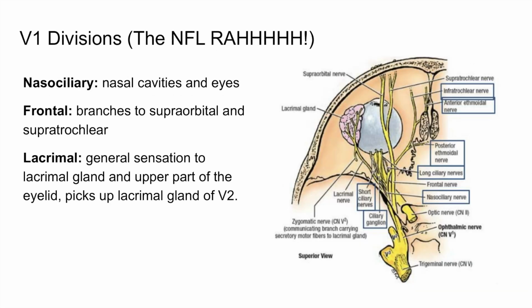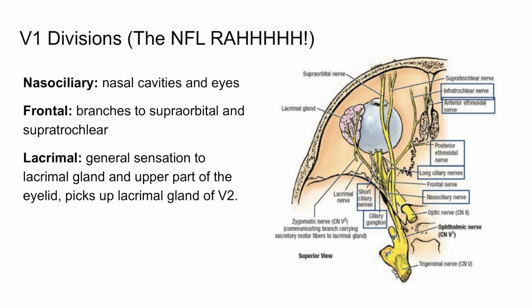All right, so here we're going to be covering the 3 divisions of V1, and this is the NFL division, okay? Easy to remember because NFL, National Football League, is the name of the 3 branches. So the first one is the nasociliary nerve, and it is the most clinically important of the 3, even though it doesn't sound like it at first. It runs deeper into the orbit, and it is heavily tied to the eye itself and nasal cavity.